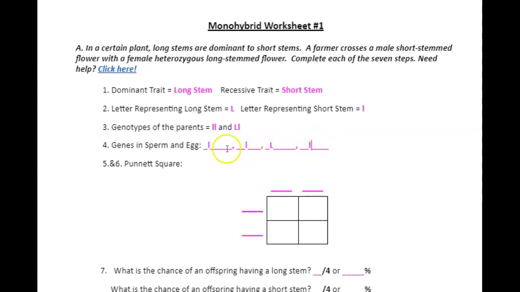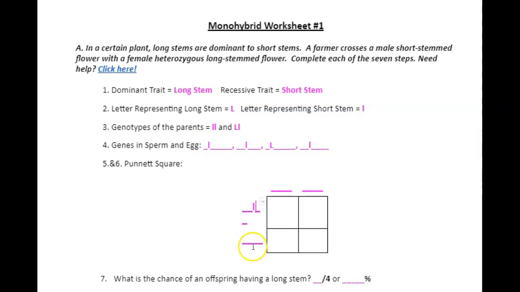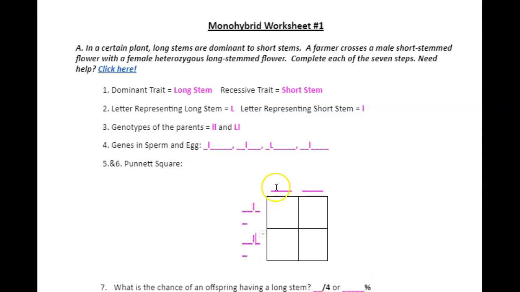You have circles around yours. I don't because I'm on a computer. Now, the sperm go on one side, the egg go on the other side. So I'm going to put a little l here, a little l, and I'm going to put a big L up here and a big L up here. And then I'm going to fill it in.